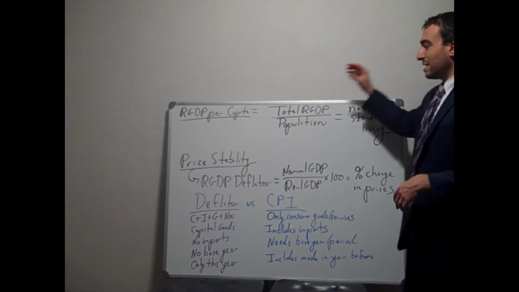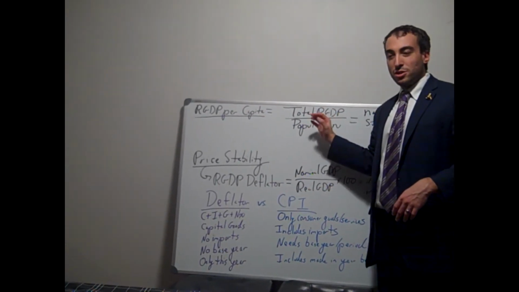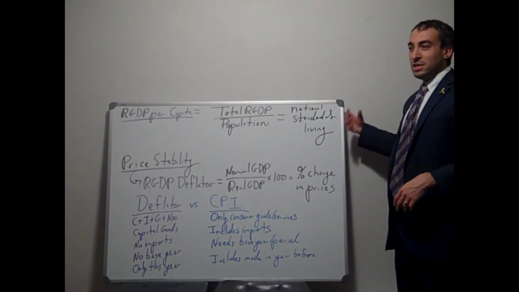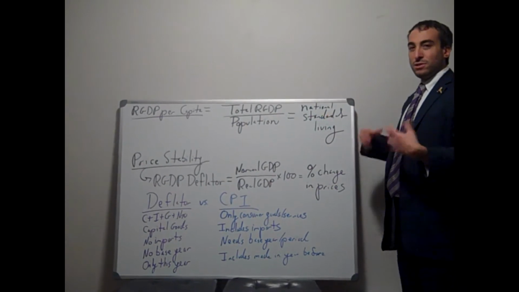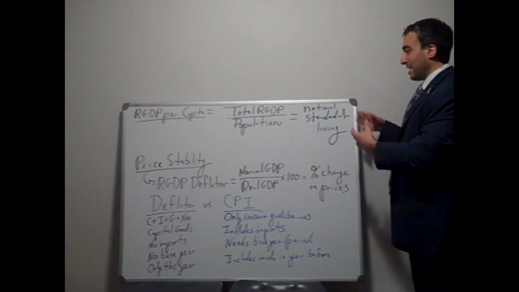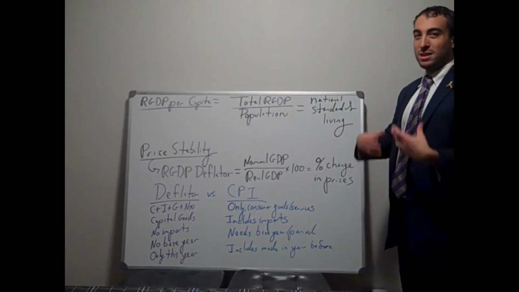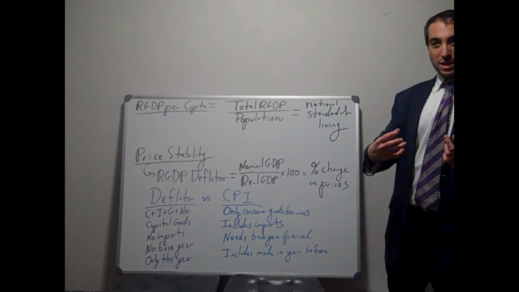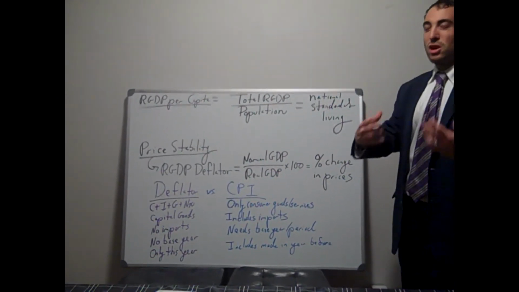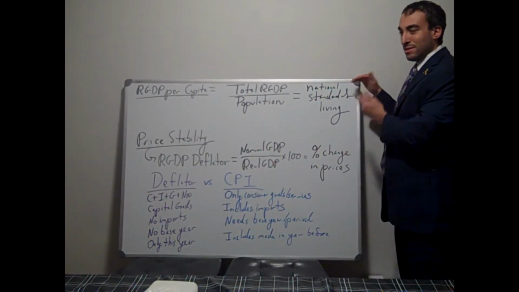That number gives you the average amount that each household is spending on newly produced goods and services. That would be our national standard: are people buying new things? And what is the dollar value of the new goods and services that the households are buying? This we call our standard of living.